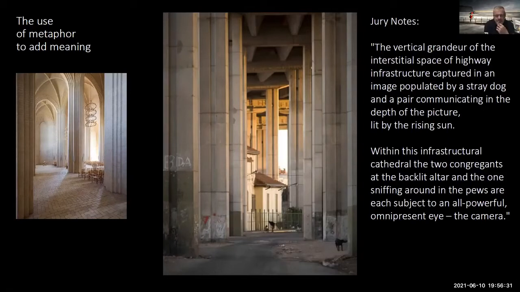The same elements that you might use, and I've put a cathedral shot on the left, similar sorts of elements you might use to put it together. And then within this infrastructure, the two congregants, being the two guys down the back near the fence, they've got the backlit altar, and one of the participants, being the dog, is sniffing around the pews. All right, and the omnipresent eye in this case isn't God, but it's the camera.